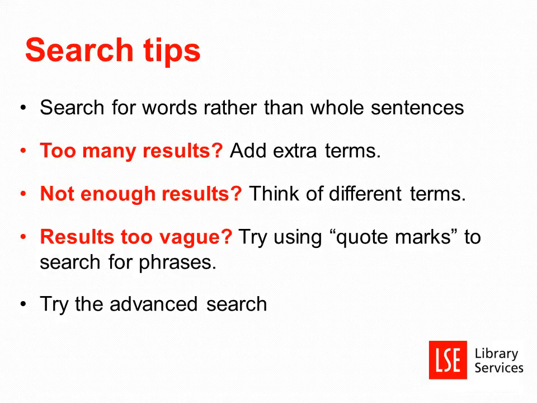When the results can be too vague and perhaps aren't hitting the right part of your research, think about whether you need to search certain words as a phrase, such as "human rights" or "global civil society", and use the quotation marks. And always think about using the advanced search, as this can really help you hone down the structure of your search and find much more relevant results much more quickly.